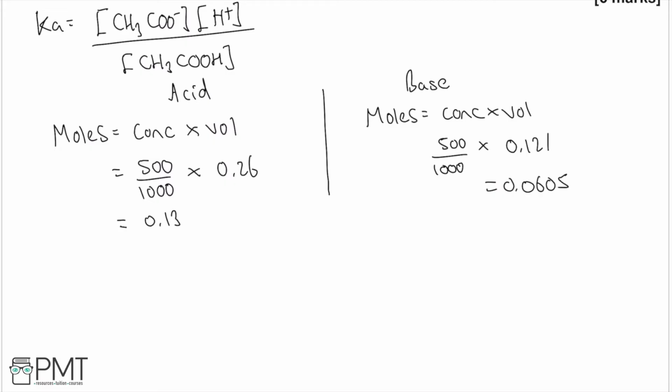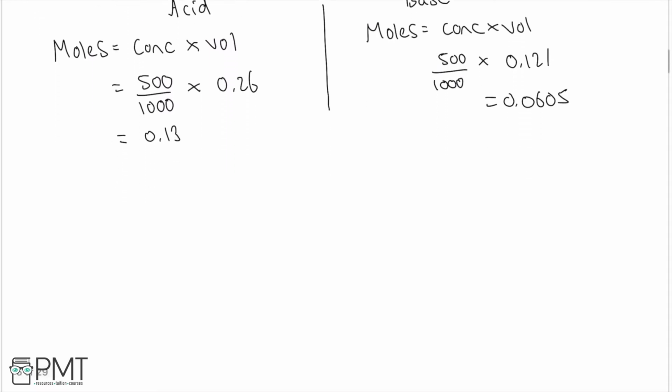Now a 7.00 times 10 to the minus 3 mole sample of sodium hydroxide was added to the 500 centimeter cubed sample of the buffer. So this means that we will have to subtract this value from moles of acid, but add it to our moles of the ethanoate ions, as the definition for a buffer is a solution that resists the changes in pH when a small amount of acid or alkali are added.